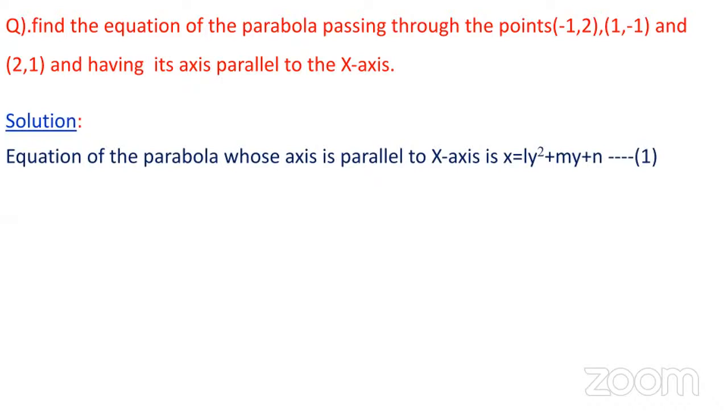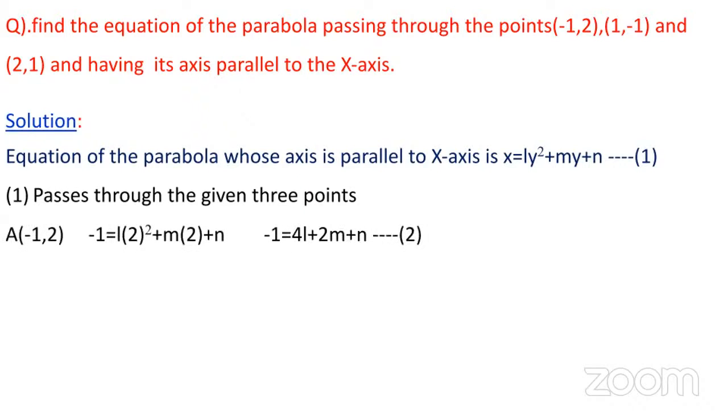You have to substitute these 3 points in equation number 1, since it passes through the given 3 points: minus 1 comma 2, 1 comma minus 1, and 2 comma 1. For the point 1 comma minus 1: 1 equals l of 2 square plus m of 2 plus n, that is minus 1 equals 4l plus 2m plus n.